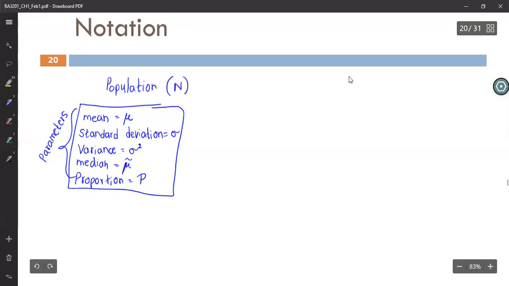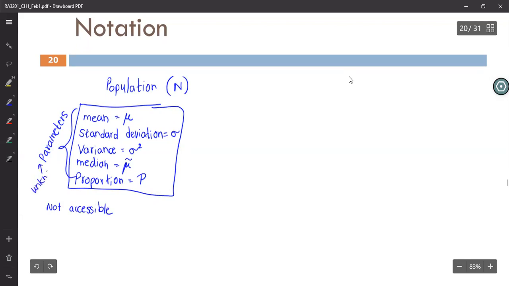So whatever measurements you take with the population of size capital N are called parameters. Usually the population is very big and, as I mentioned, most often not accessible, so these parameter values are unknown.